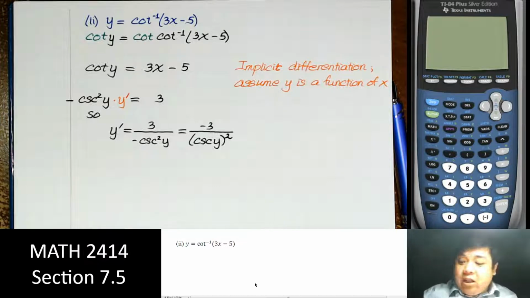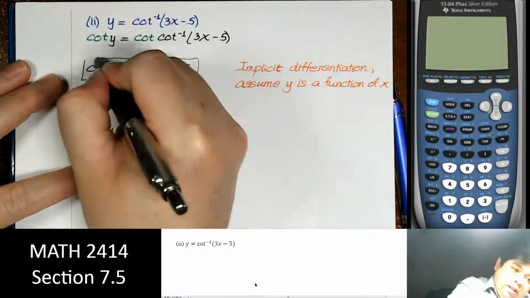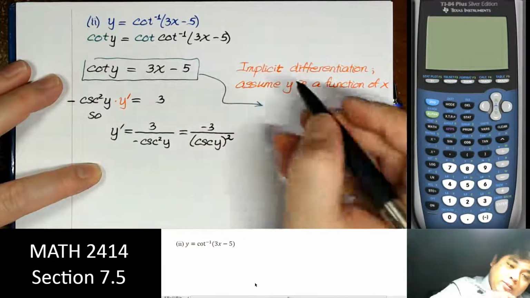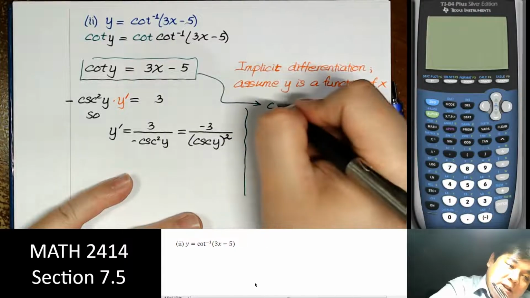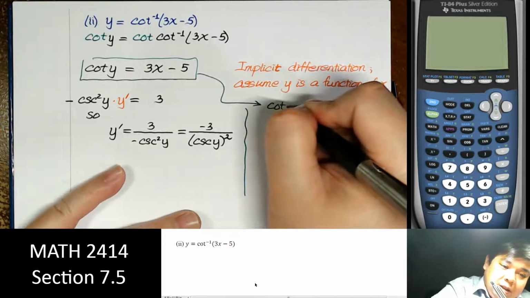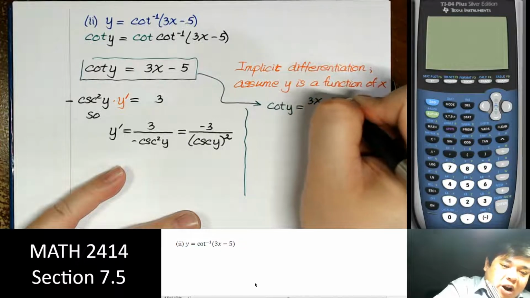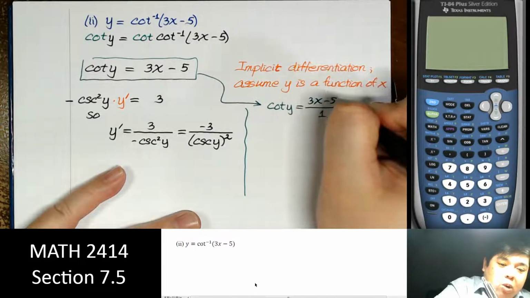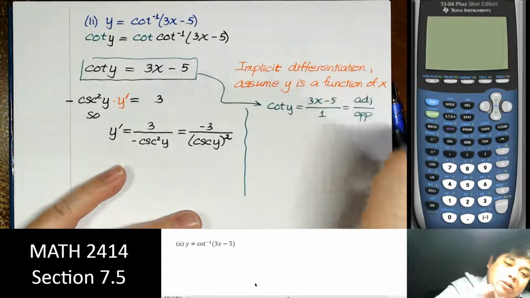Right. So that is from a triangle. We have this cotangent, I write that as a fraction. Cotangent is adjacent over opposite.